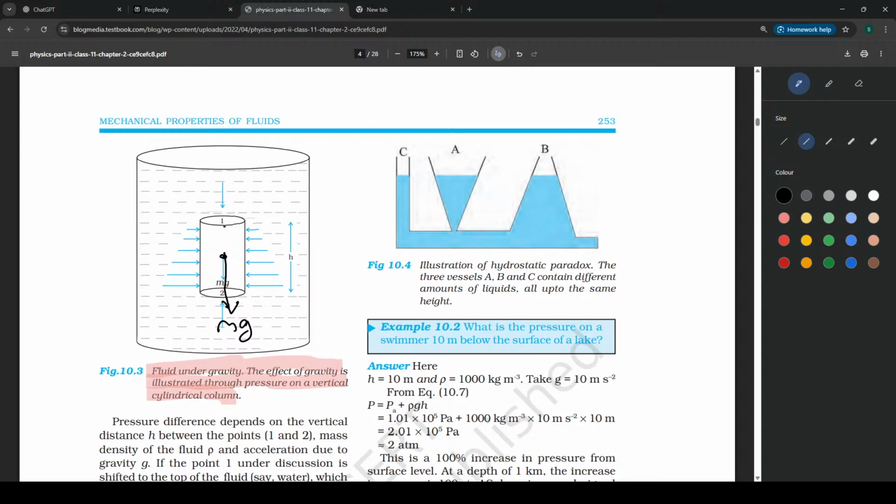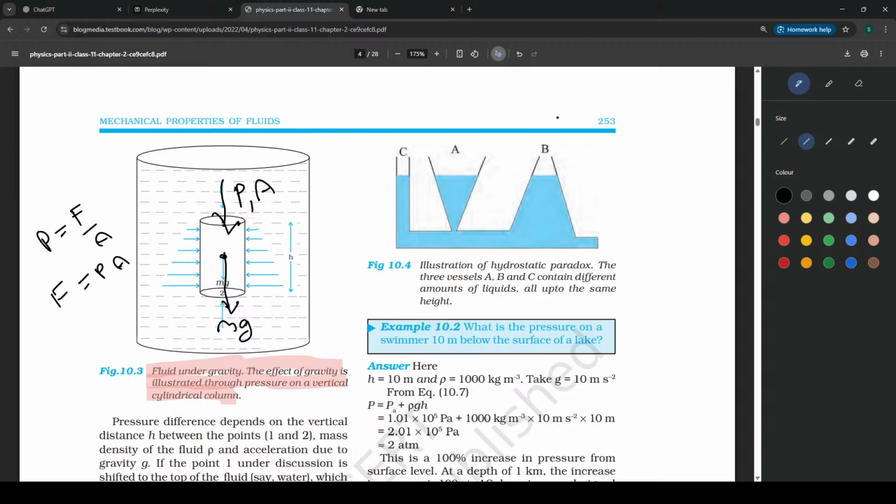At the top surface there is also a force acting downward. Let's call this force P1A, where P1 is the pressure on that surface and A is the area of the surface. Pressure is force by area, so force is pressure into area. That is what we got here.